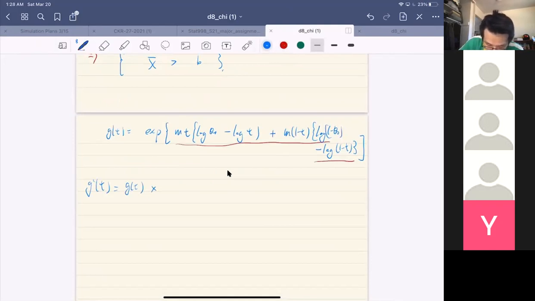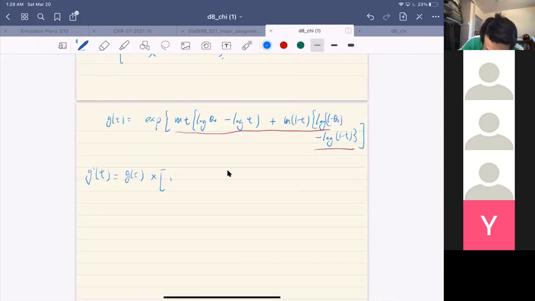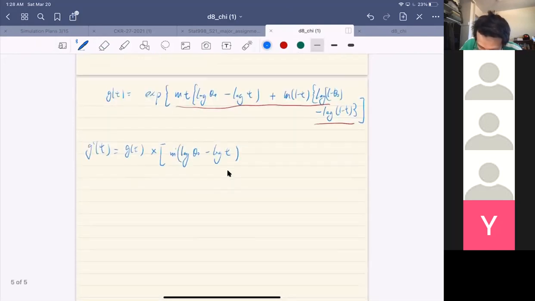So next is n log theta nino minus log t, plus n t divided by t, and the second term should be negative n, log 1 minus theta nino minus log 1 minus t.